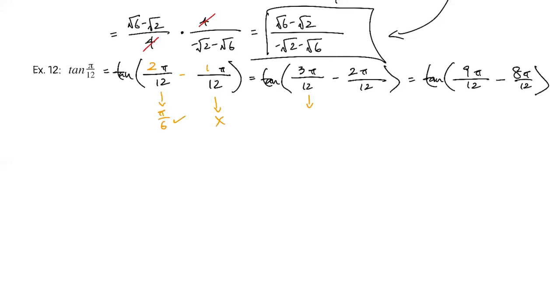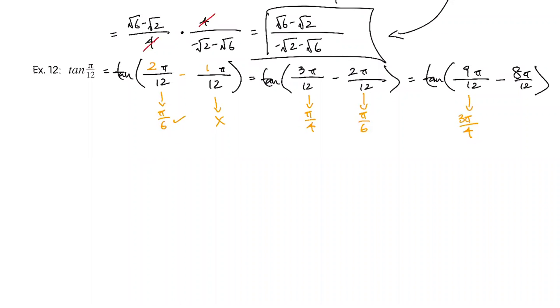Okay. So those were both suggestions from the chat. And let's see. This first fraction, let's make sure I do this right. 3 pi over 12 is the same as pi over 4. That's good. 2 pi over 12 is the same as pi over 6. Okay, that's also good. All right, so it looks like Thea's second suggestion of 3 minus 2 totally works here. Now let's check out the other suggestion. 9 pi over 12 reduces to 3 pi over 4.